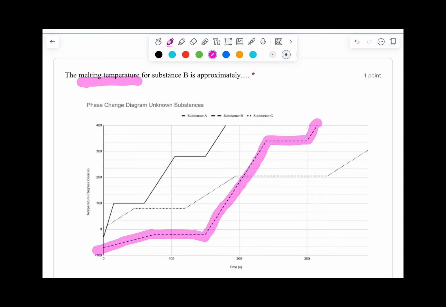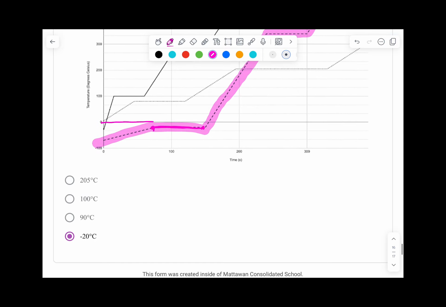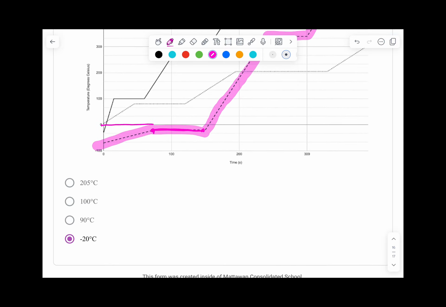Well, substance B plateaus right here along this line that you're seeing me draw. It looks like here's 0 degrees right here. This starts going through its phase change right about here, which is somewhere below 0. So we have to pick a temperature that's below 0, and the only one that's actually below 0 is -20, so it's got to be that one.